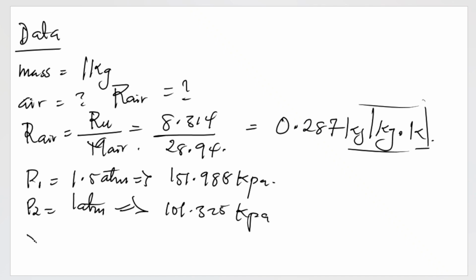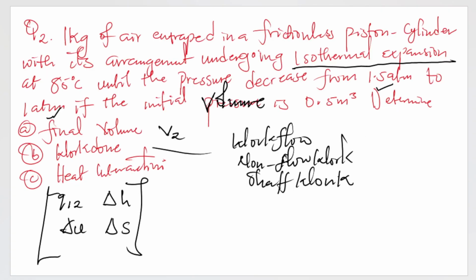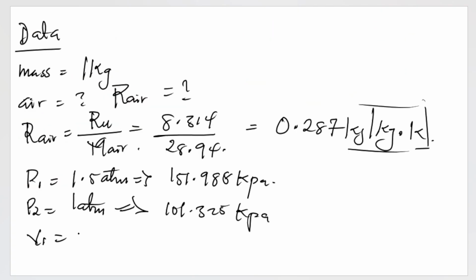We're also given the initial volume, which is V1, and the initial volume from the question is given to be 0.5 meter cube. Are we together? Now remember, we said the process our question is referring to is the isothermal process.